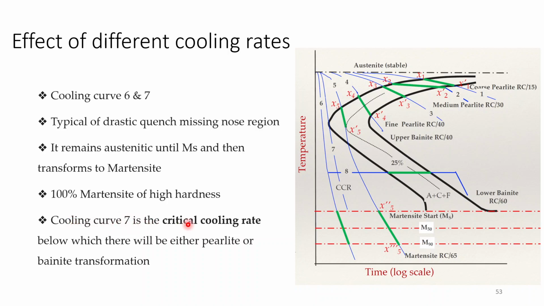Cooling curve 7 is the critical cooling rate, below which there is either pearlite or bainitic transformation. Okay, so this is the critical rate where it will be touching this nose, and if you cool slower than this, then you will be going in this zone, having bainite formed as well, bainite or pearlite form.